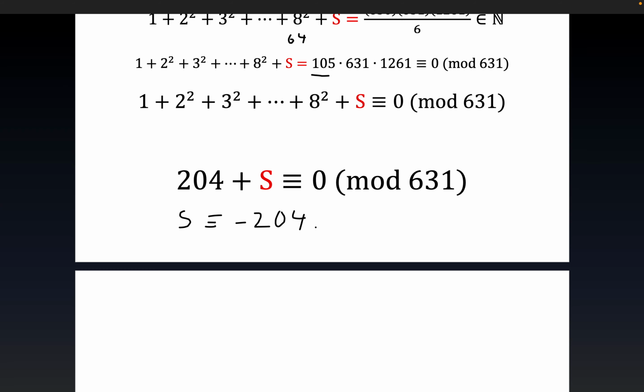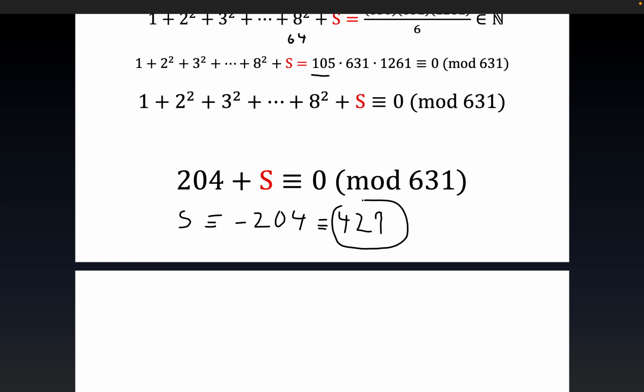So all you have to do right here is just observe that this is congruent to 427. Now, some people just hate it when people say just observe. But notice 427 minus 204 is 631. And if you think about it, they're just that far apart. This number is 631 away from 427. Okay? So this would be our answer. This is mod 631. 427 is the answer.